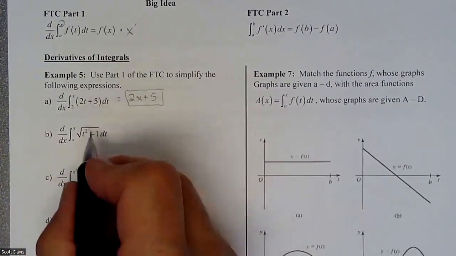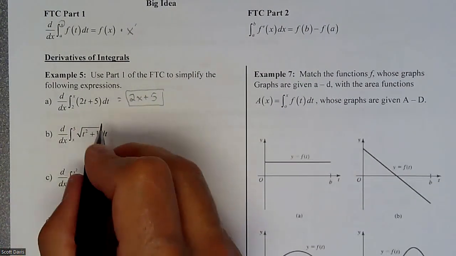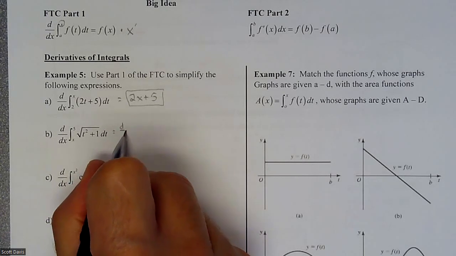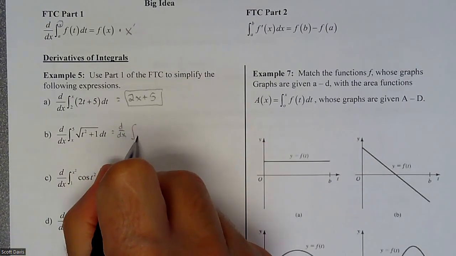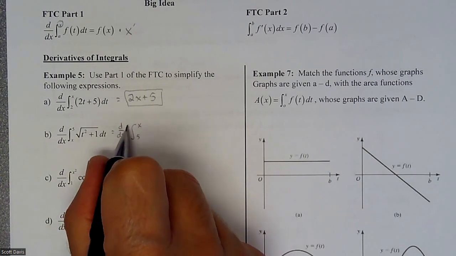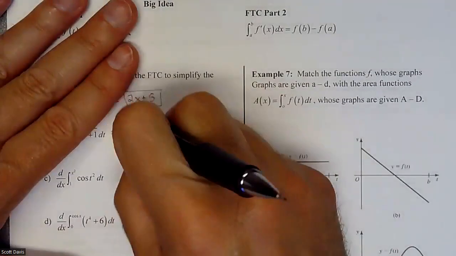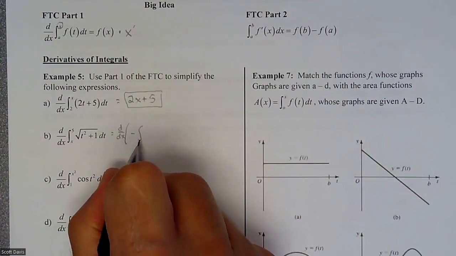If we do the next one, same exact thing, but the problem is it's not written correctly. So I need to rewrite it and switch the order on this. If I switch the order, that changes it to a negative. That negates the problem, basically.